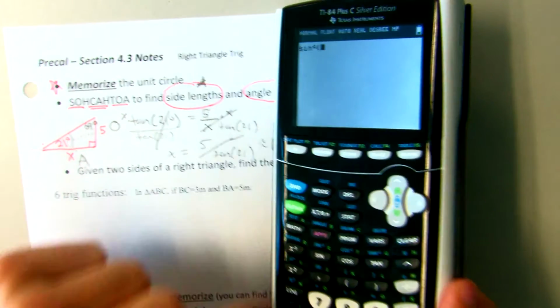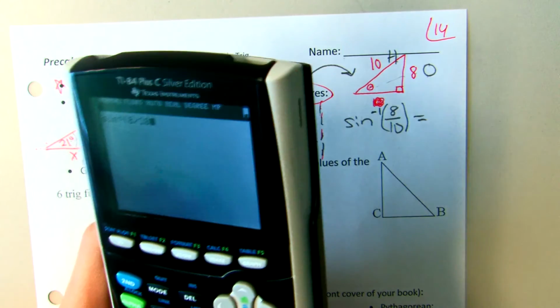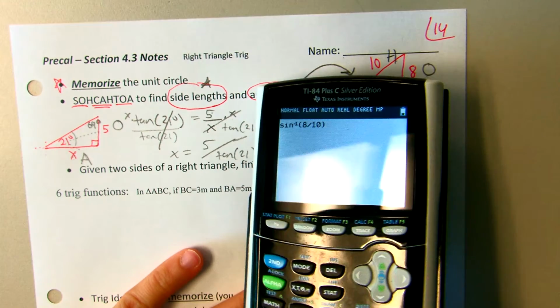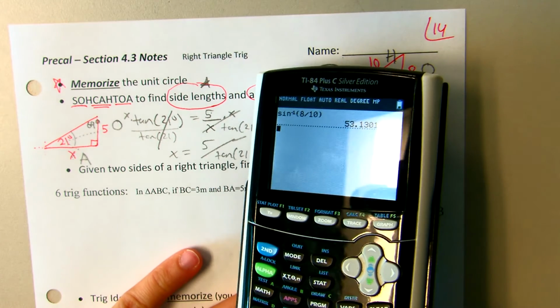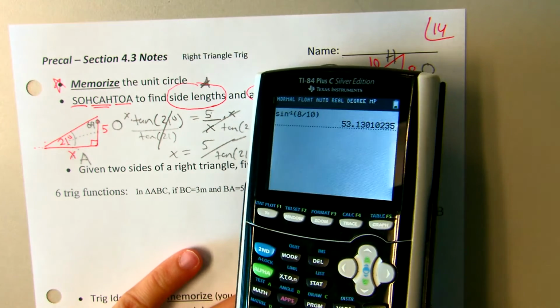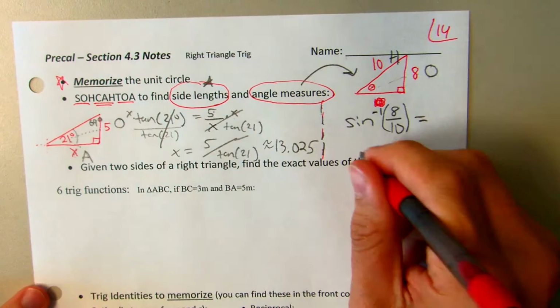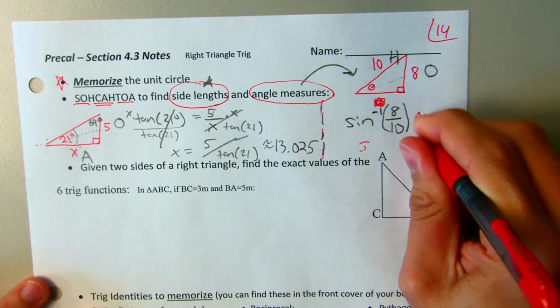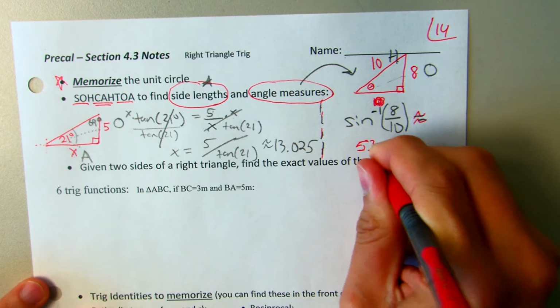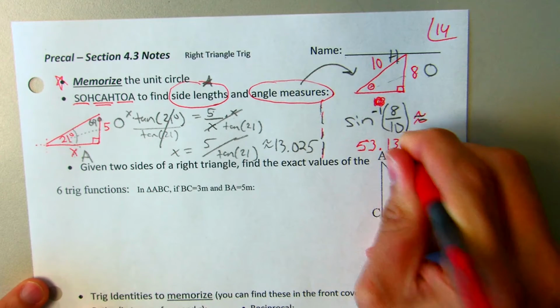So second sine, opposite over hypotenuse is 8 over 10, or 4 over 5, whatever. And my calculator is in degrees, so what it's telling me is that angle would have to be approximately 53.130 degrees.